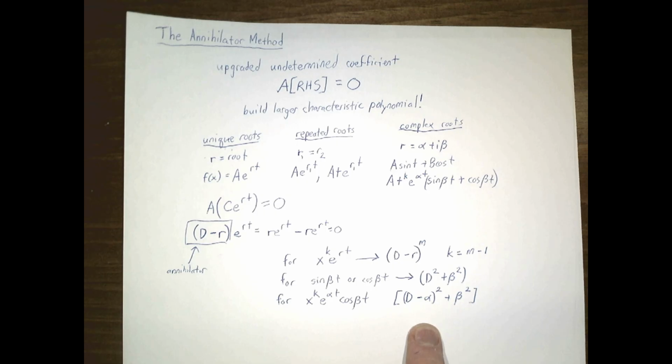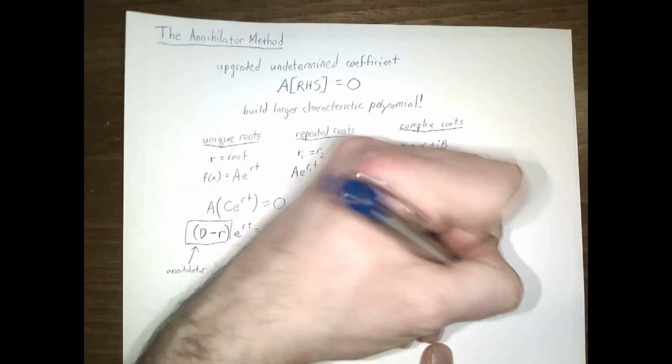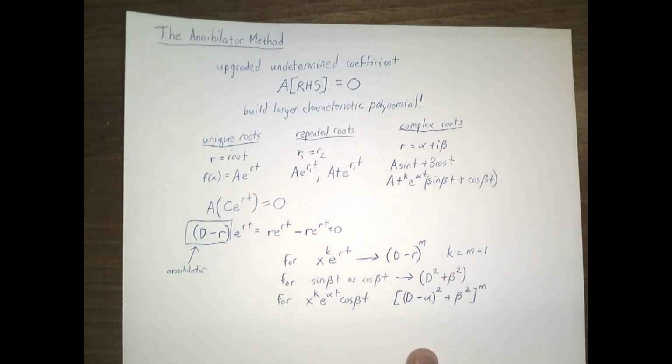So our worst case scenario looks just like the derivative operator squared, and then this is going to be to the m power again, if it's a repeated root, for example. So if this k were 2, we would only need 1 power, but if it were 3, we would have to square this to make that work.